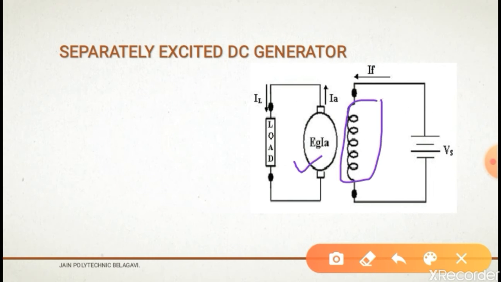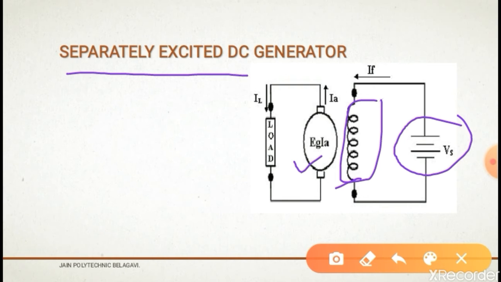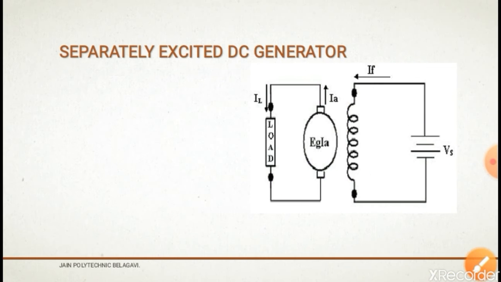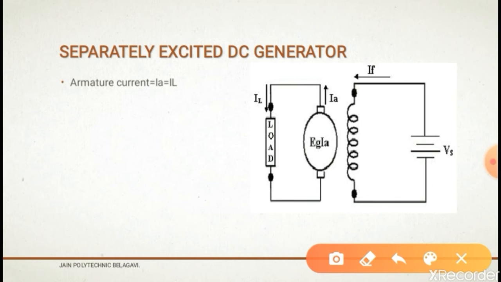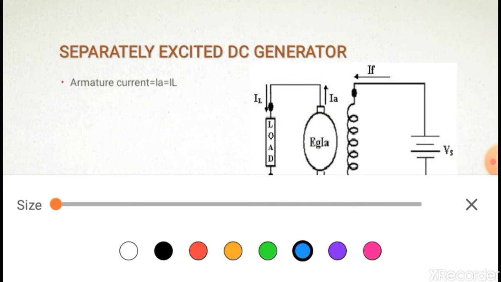The field magnets or field winding is energized from an independent external DC source, so it is called separately excited DC generator, and the armature is connected to the load. The armature current is given as Ia, and Ia is equal to IL.